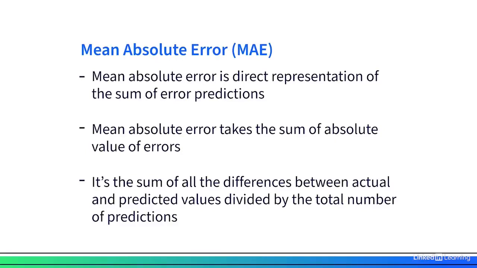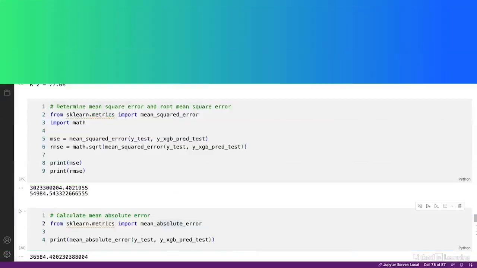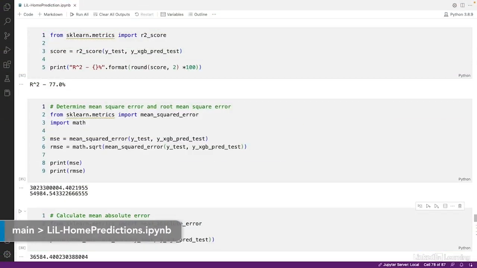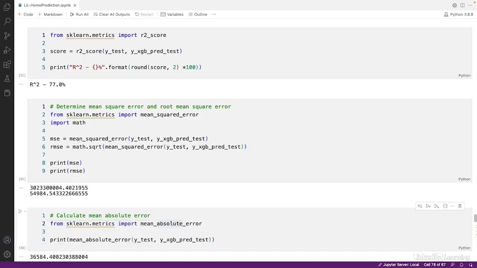You'll use mean absolute error when you want to know how close the predictions are to the actual values on average. Let's calculate these metrics for the home predicting model and interpret what these metrics tell us about our model.